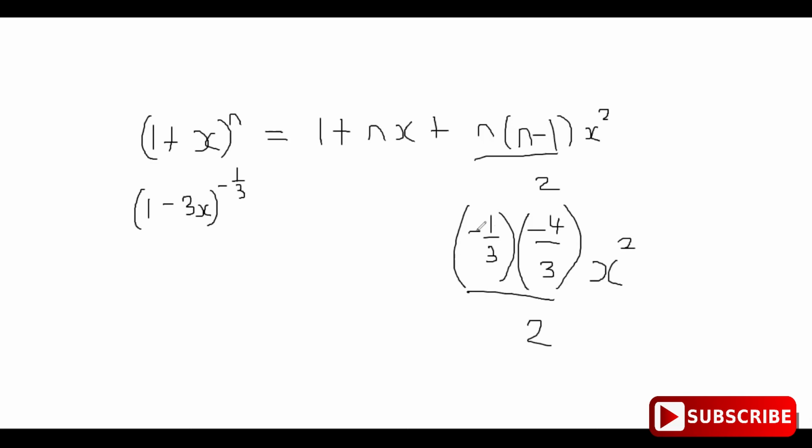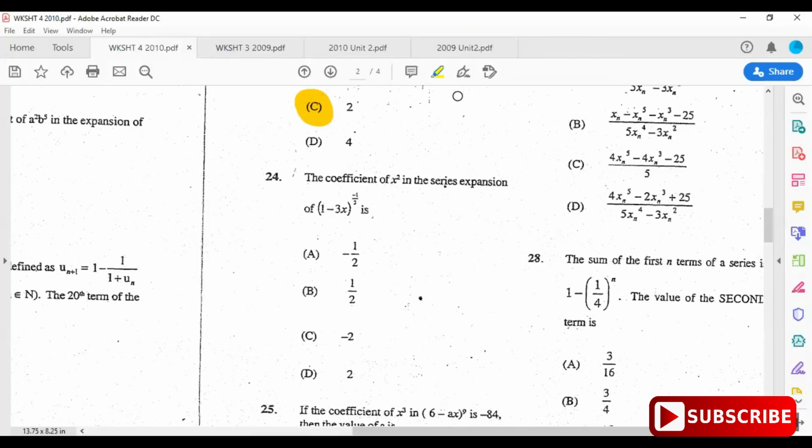Minus 1 over 3 times minus 4 over 3 is 4 over 9. 4 over 9 divided by 2, which is 4 over 18, or 2 over 9.